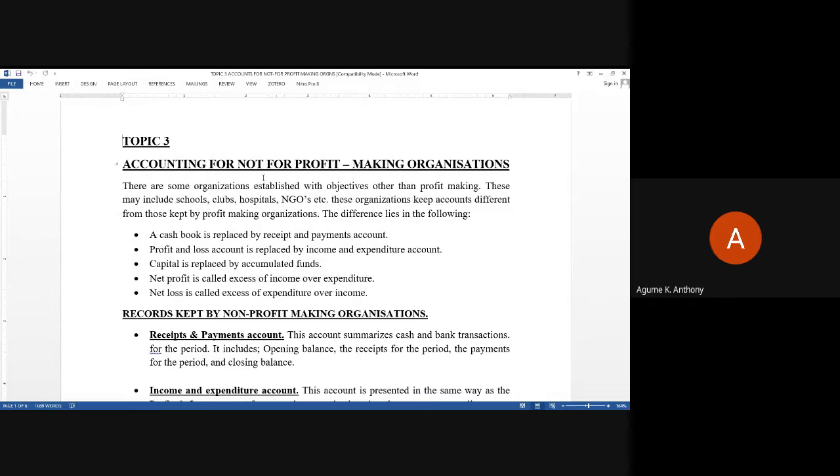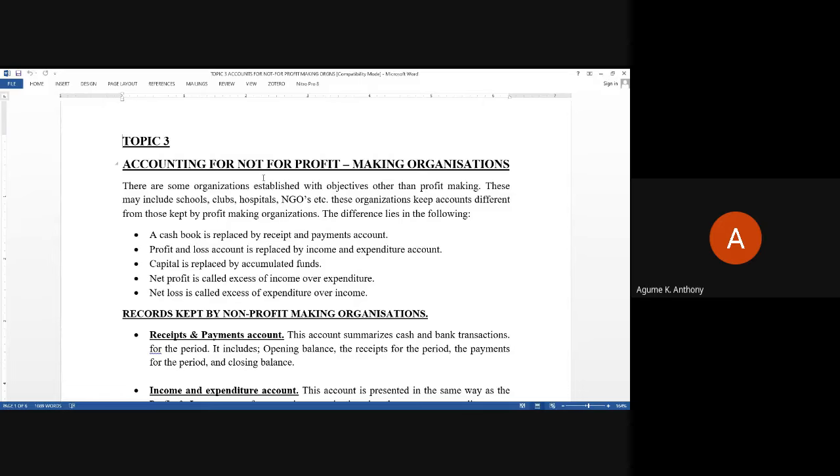These organizations may include schools, labs, hospitals, NGOs, and the accounts that are normally kept by these organizations are different from those accounts which are prepared by those that make profits.